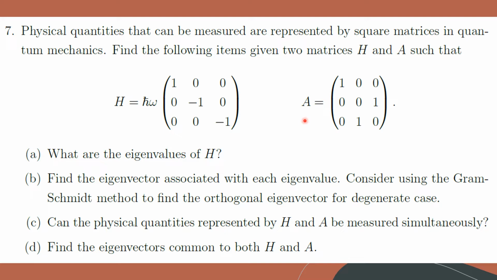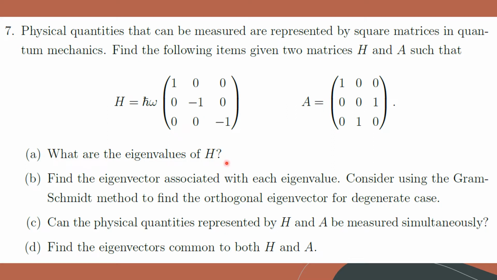In this case, H is already a diagonalized matrix, and your eigenvalues are 1, -1, -1. So you have a degeneracy of 2 for the eigenvalue lambda equals -1. What this means is that you will have two eigenvectors associated with this eigenvalue of -1.